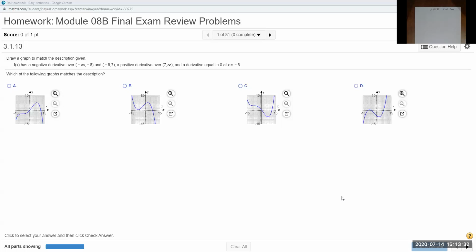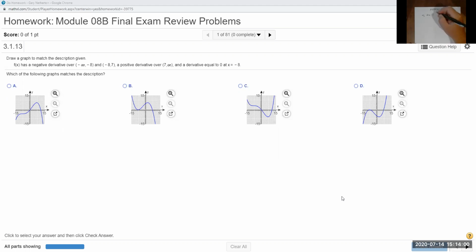Now for this first problem, let's try and create the graph, because that'll give me a chance to explain about positive and negative derivatives just to make sure it's clear. So let me write down the information I'm given. It says negative derivative. Of course, hopefully you realize that these are intervals, not points.